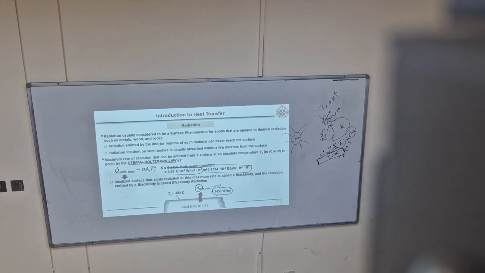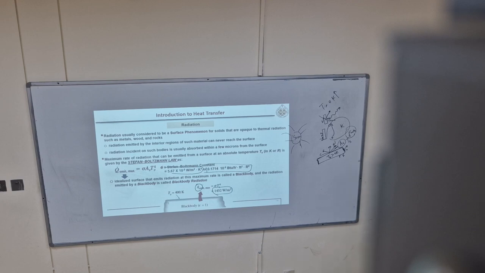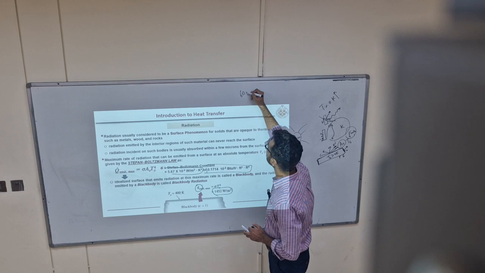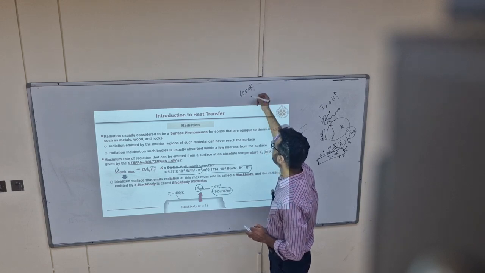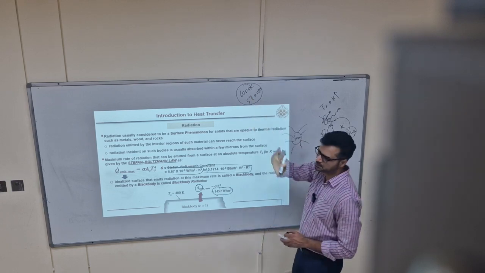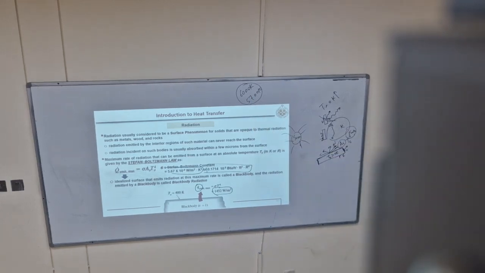And the sun is very near to an ideal black body. Sun temperature is about 6000 Kelvin. In some books it is written as 5700, so something in the range of 5700 to 6000 Kelvin.